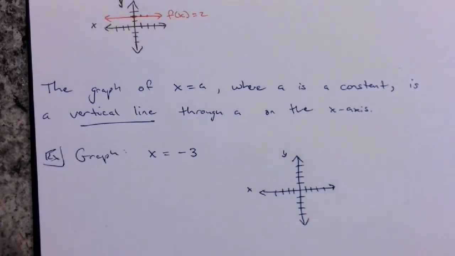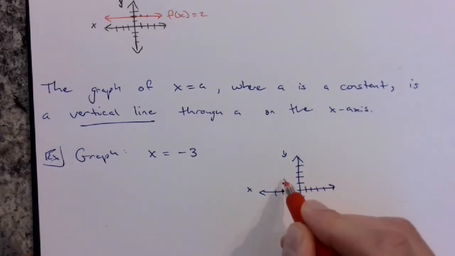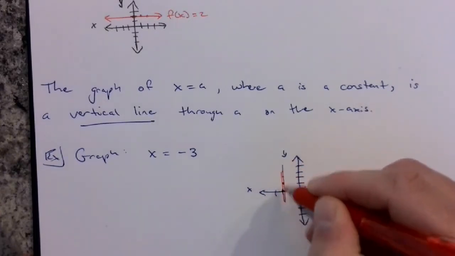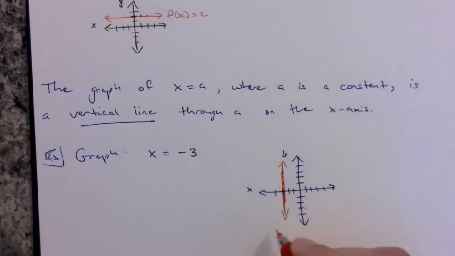We'll assume all those are 1 apart again. When x equals -3, it doesn't matter what y is, x is -3. So there's -3, 0, -3, 1, -3, 2, -3, 3, and so on. It ends up being this vertical line straight up and down through -3. So yeah, x equals -3.